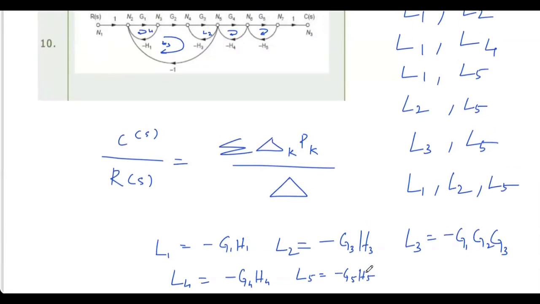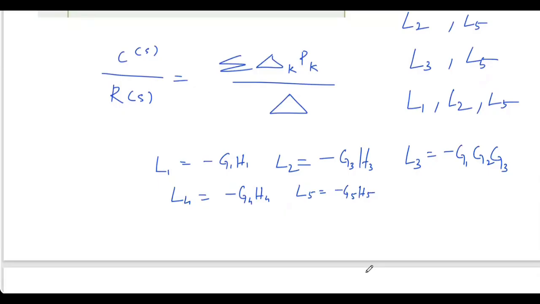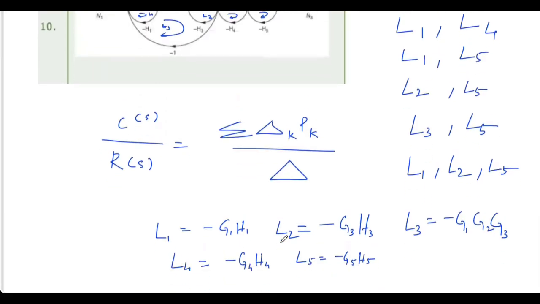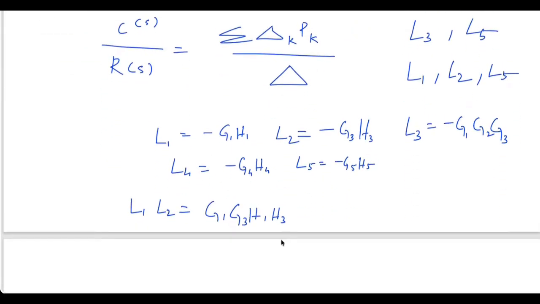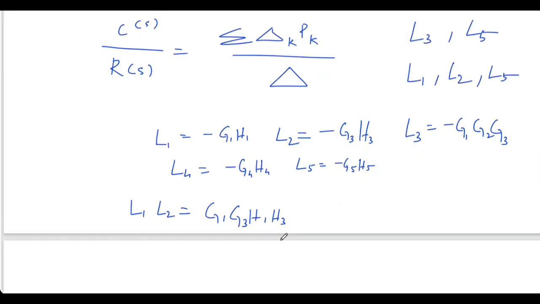Then L1 L2, L1 L4, L1 L5. L1 L2 is G1 G3 H1 H3. L1 L4 is G1 G4 H1 H4.